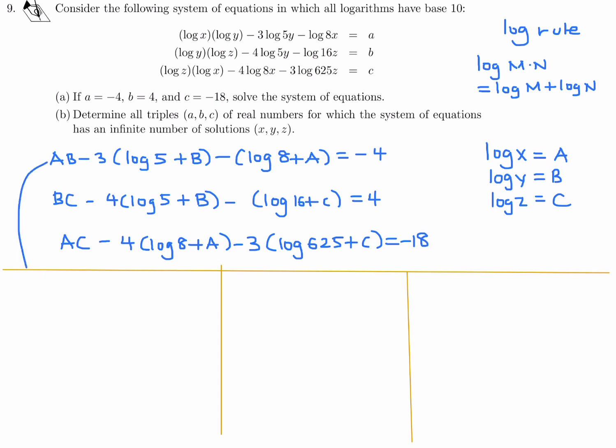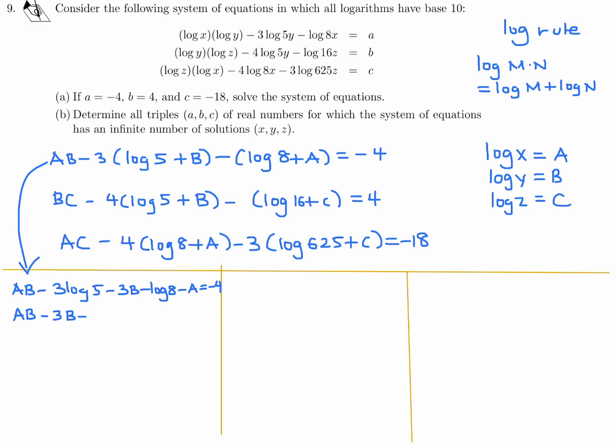So the first one right here, we've got ab minus 3 log 5 minus 3b minus the log of 8 minus a is equal to negative 4. And then what I'm going to do is just keep the letters on one side and put all the numbers basically on the other side.